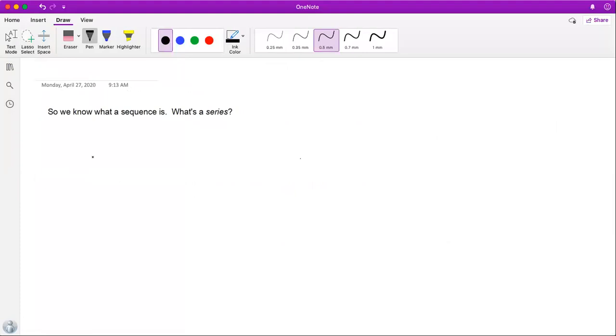So we know what a sequence is. It's an ordered list of terms, where every term has an index, 1, 2, 3, 4, whatever, associated with it. A series, though, is a sum of the terms of a sequence.